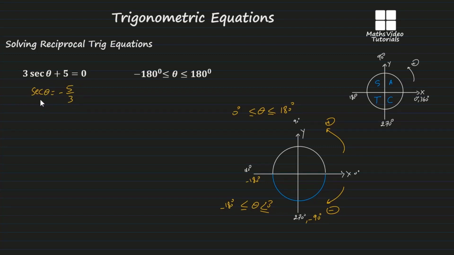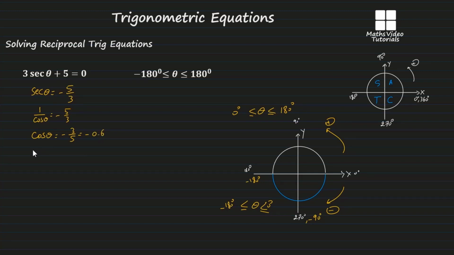And then we rewrite the sec theta as 1/cos theta using its definition, equal minus 5/3. And then we flip over the left hand side, and we do the same thing to the right hand side. We get cos theta equal minus 3/5, which is equivalent to minus 0.6.